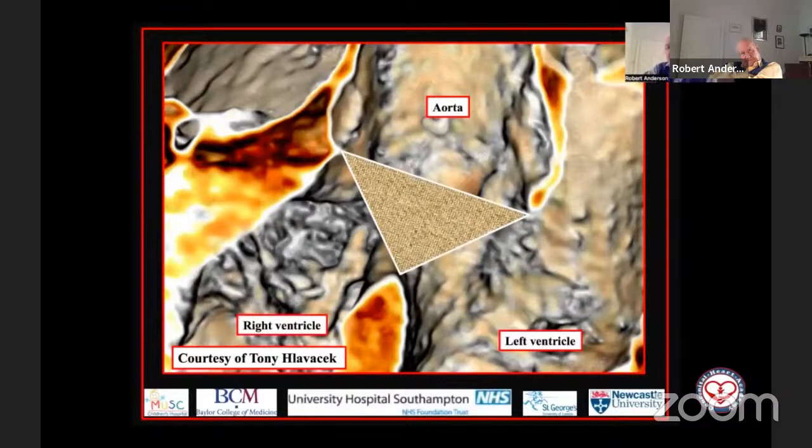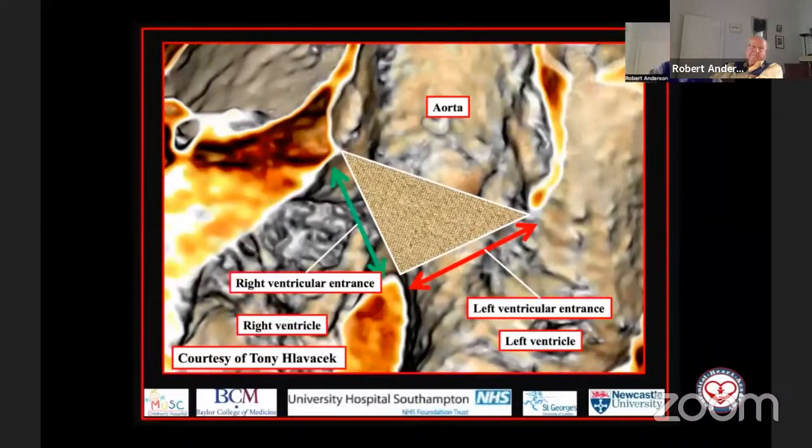And now I hope you can see even better that it has two specific borders. It has the left ventricular entrance to the conus, to the triangle of space, and that is the secondary interventricular communication.